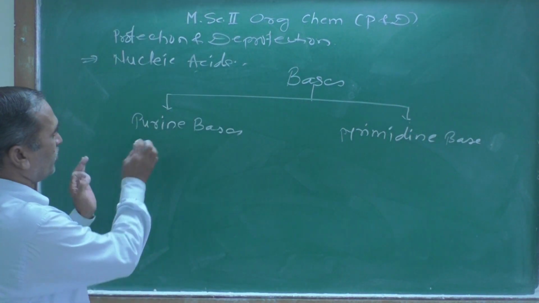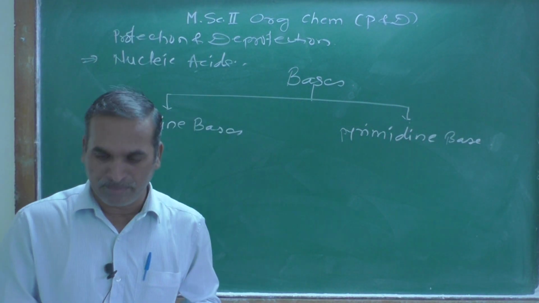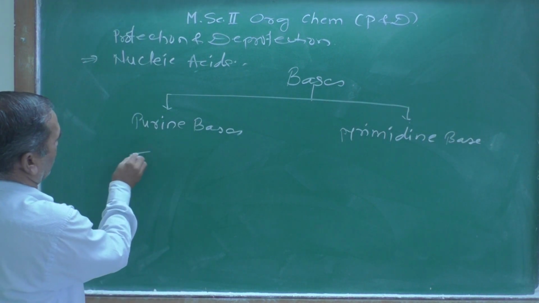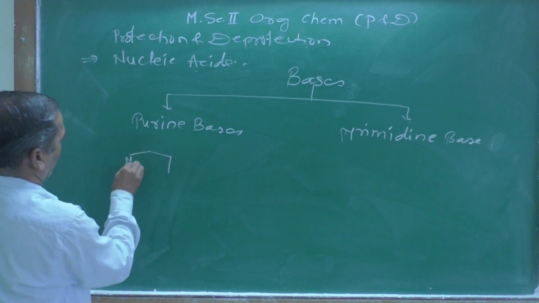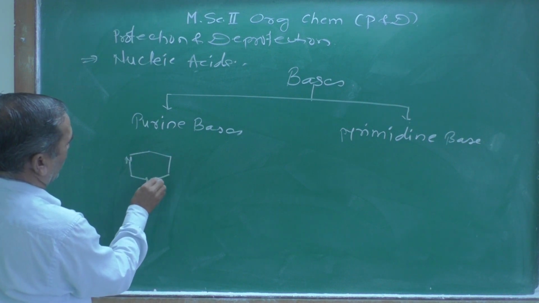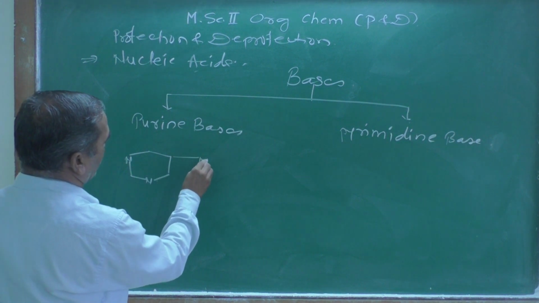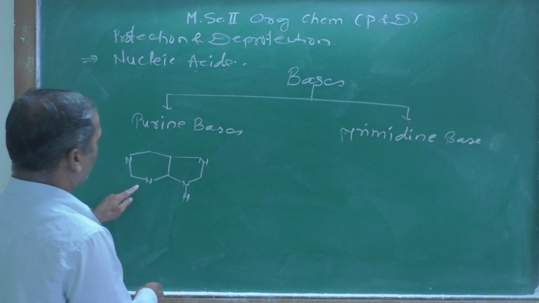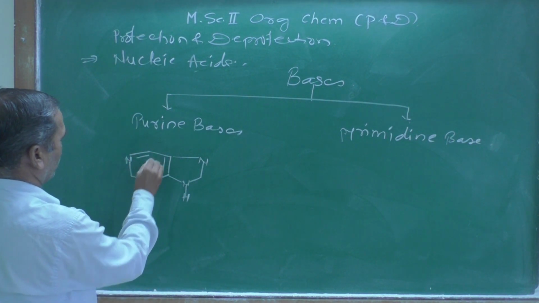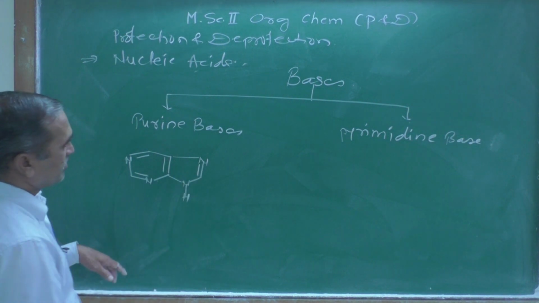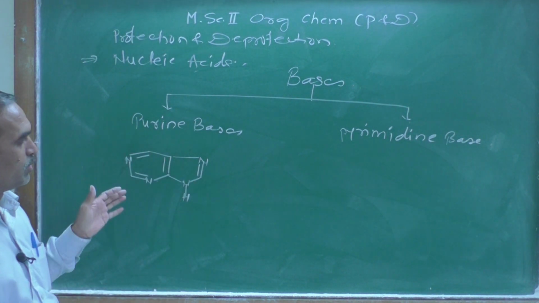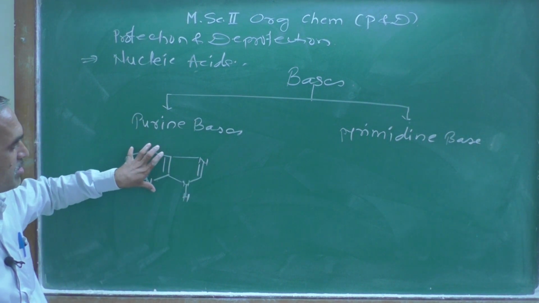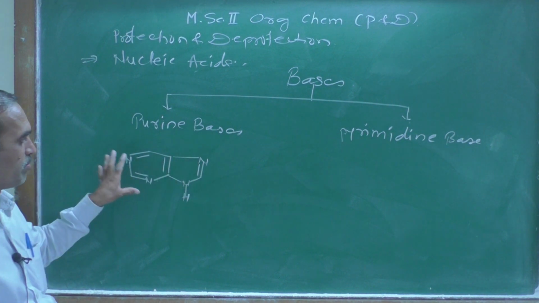Now let us see the structure of purine. See carefully, this is the structure of purine: a 5-membered ring joined to a 6-membered ring, meaning a 6-membered ring fused with a 5-membered ring.